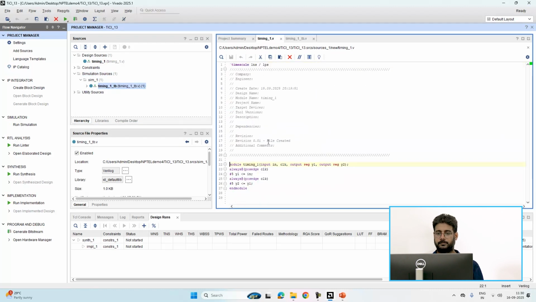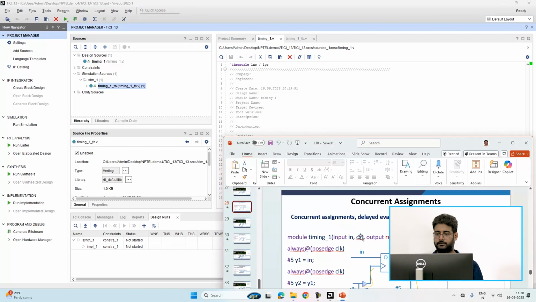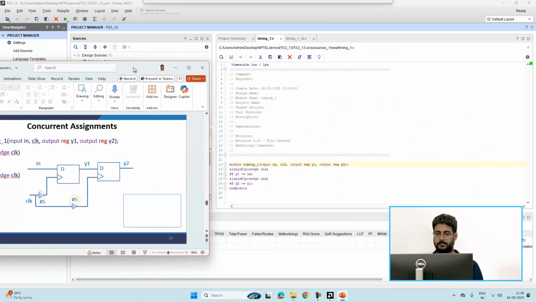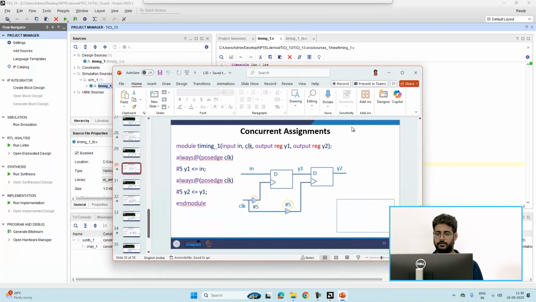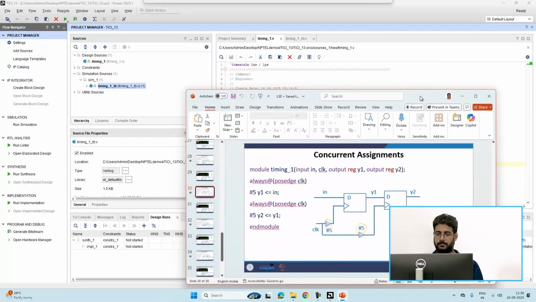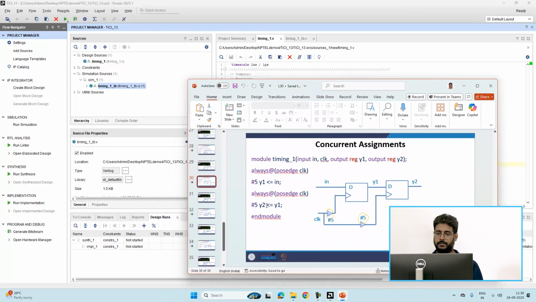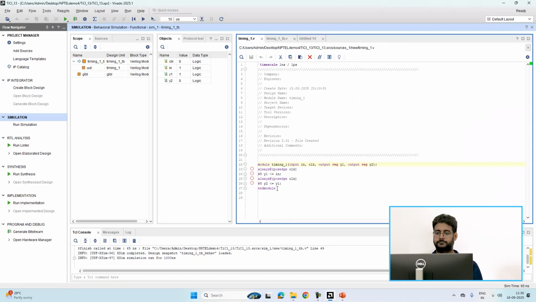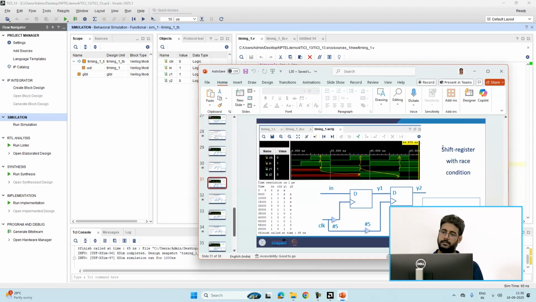So in the lectures, it is here: y1 with delayed input, and y2 with delayed y1, y2 with this non-blocking y1. So we will simulate it here. Here it is. It's like a shift register with race condition.